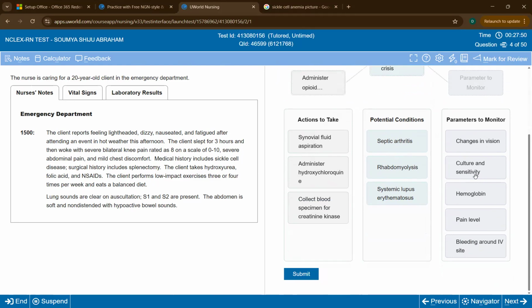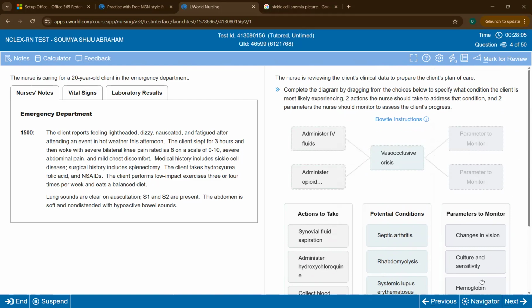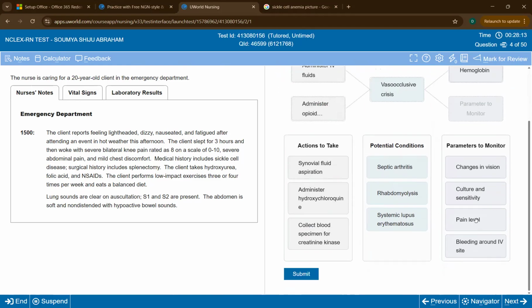Next one, hemoglobin. Yes, of course. We know that the client is experiencing a severe sickle cell crisis, so there is a chance of anemia. So the hemoglobin level needs to be monitored, so I am dragging hemoglobin here. Then pain level.